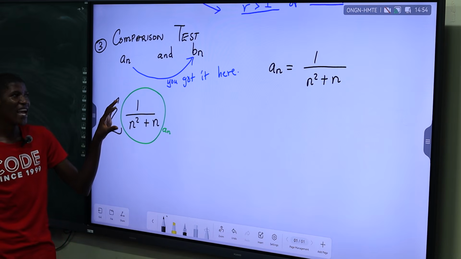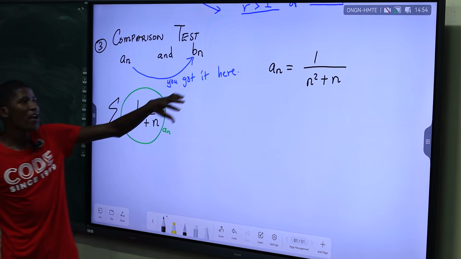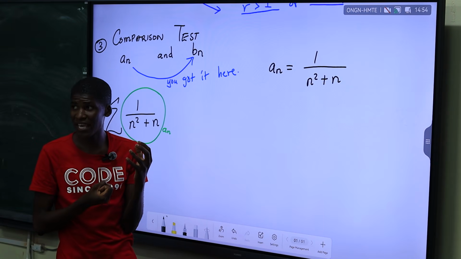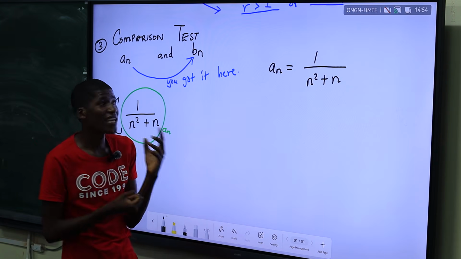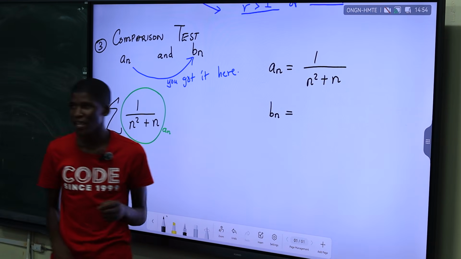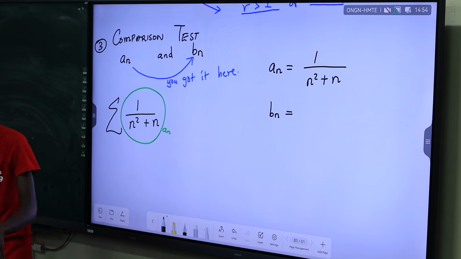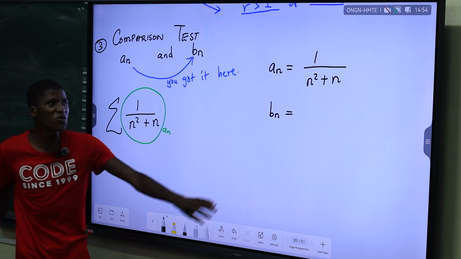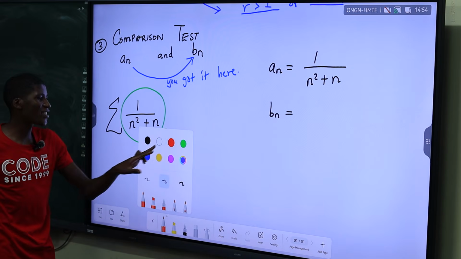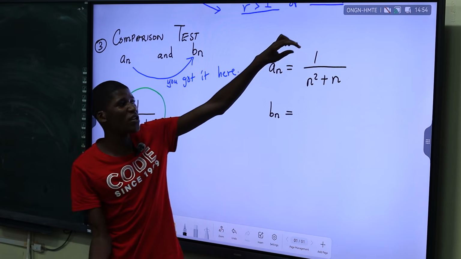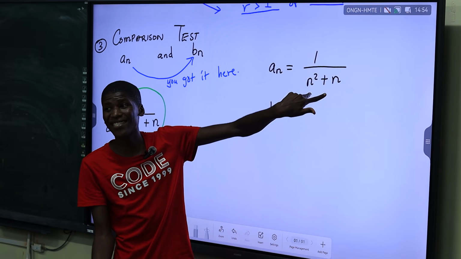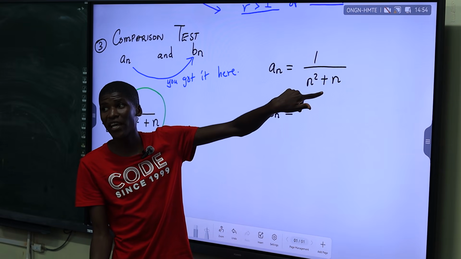What are you going to do? From an you are going to extract bn. Usually, how do we extract your bn? Or how do you choose how to extract bn? The comparison test usually works if you have only one numerator and two denominators in n.